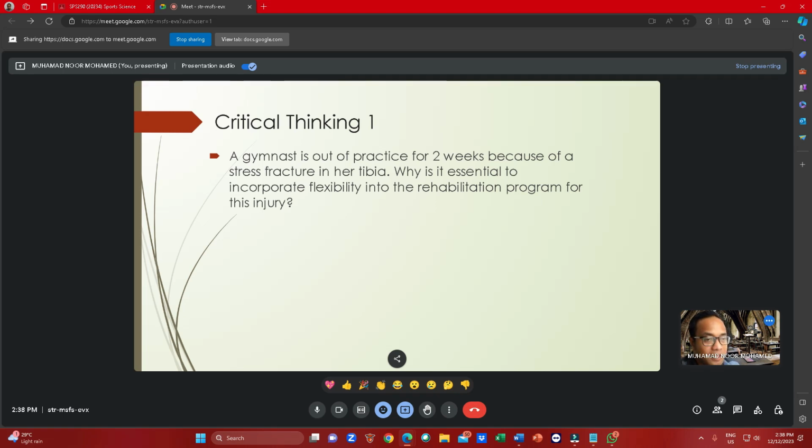So after 14 days, after the cast is opened up, we need to enhance the flexibility of the ankle, knee, thigh, and leg, or else this gymnast will be unable to perform her normal routine, because those surrounding muscles, the gastroc, the soleus, the hamstring, the quads, are not properly stretched for 2 weeks.